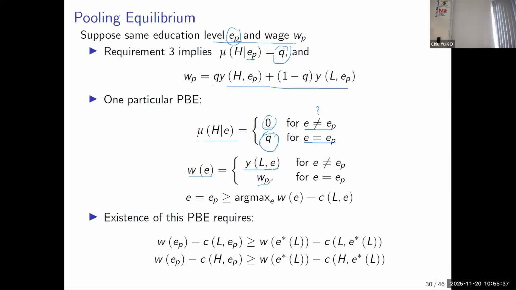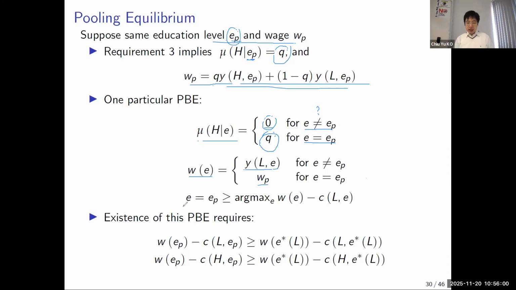So there's not too much choice of the wage for the firm. The wage is just expected productivity here. If the market sees that you are a low type, no way you're a high type, right? Then just give the low salary. If you're possibly a high type, then give the salary according to this one.